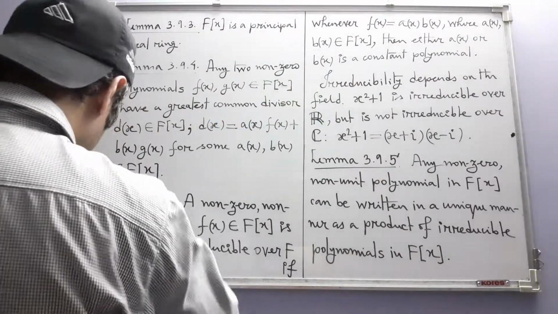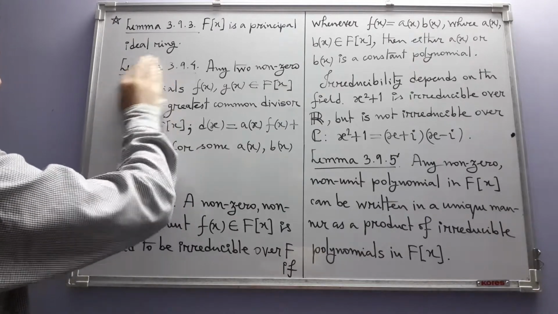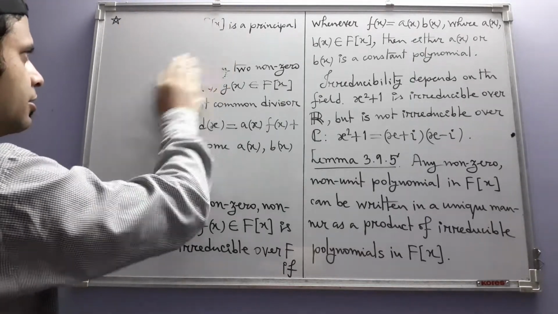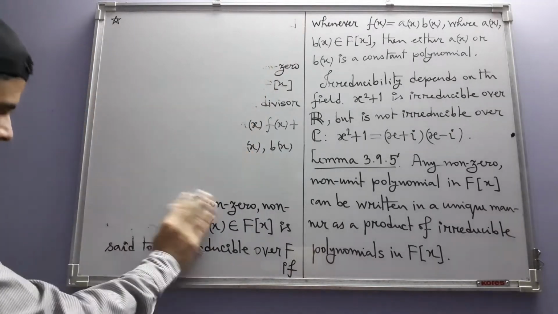And finally, recall the final result from the section on Euclidean rings. We already know that since a Euclidean ring is a principal ideal ring, every ideal is a principal ideal.